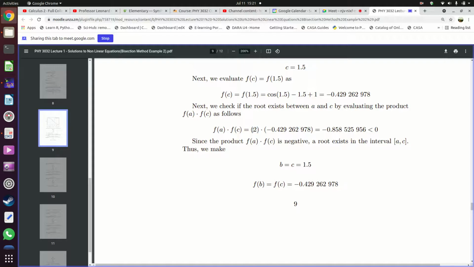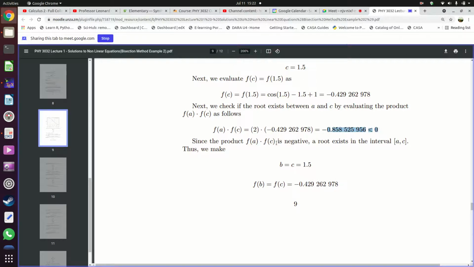We are multiplying a positive number times a negative number, and if you multiply a positive number times a negative number, we end up with a negative product. So we end up with minus 0.858525956, which is less than 0. So our product is negative.